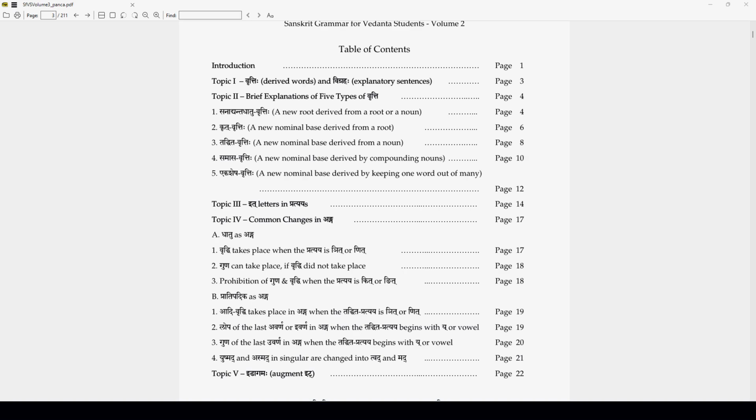But in Ekashesha vritti, in the derived word, you will see only one word remaining from the words which are participating in that process.